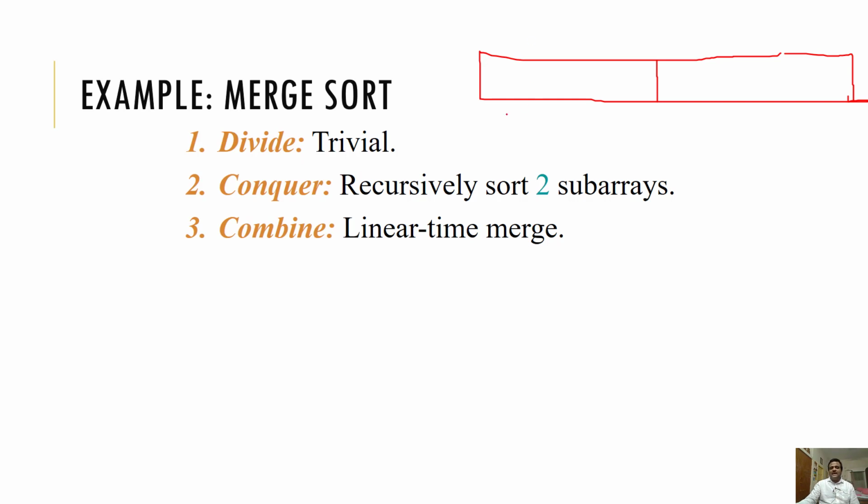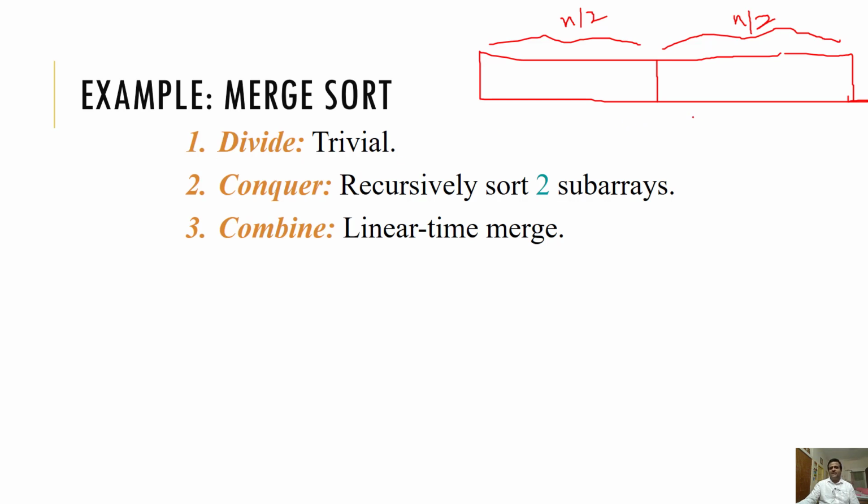We divide this array into two sub arrays, each of size n by 2. This is the divide step. We just take an index over here at n by 2. That is the merge sort divide step.